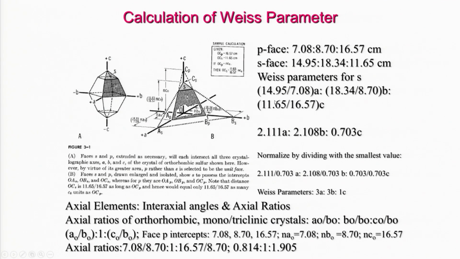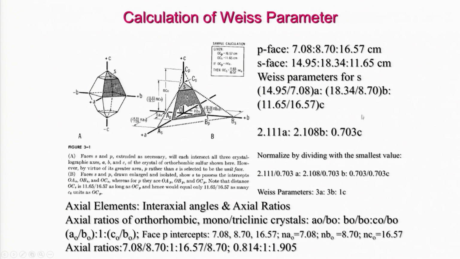So, you divide 14.95 by 7.08, along the B axis 18.34 divided by 8.70, and along the C direction 11.65 divided by 16.57.